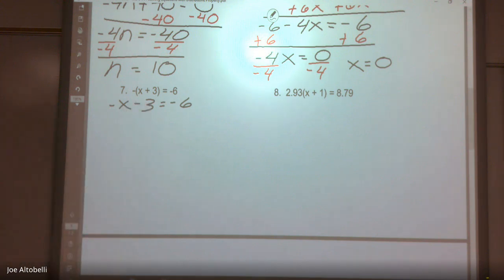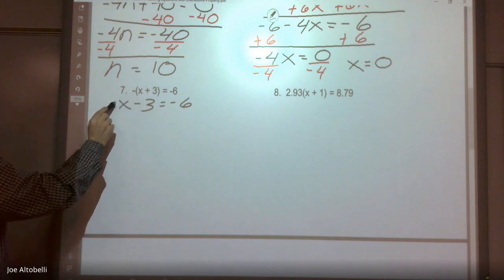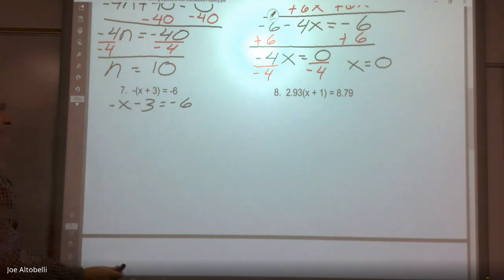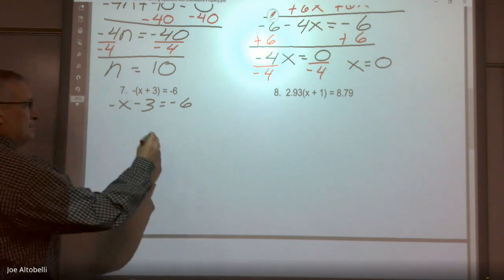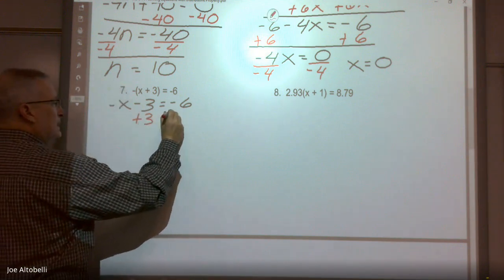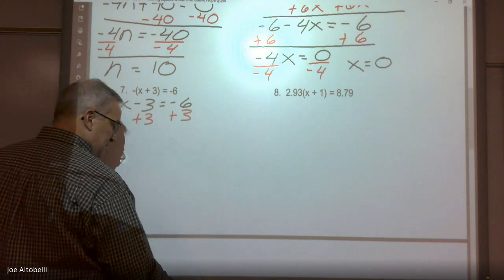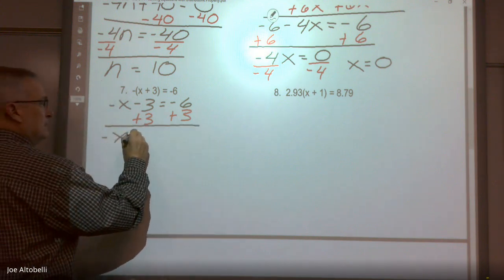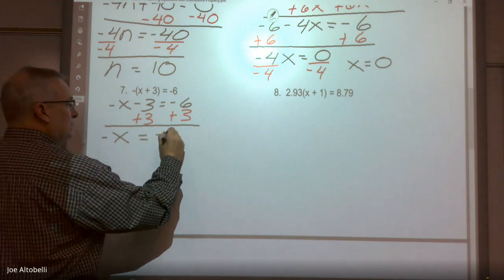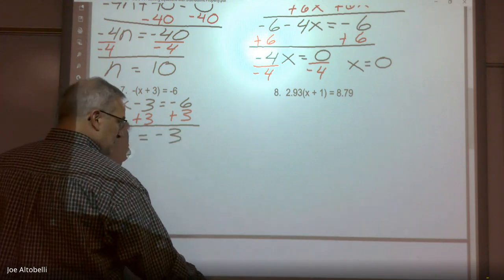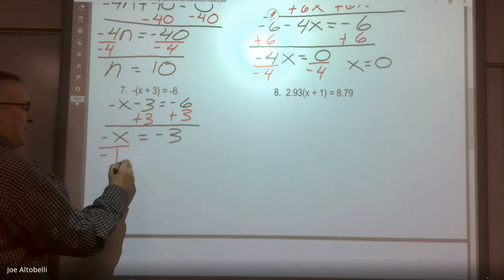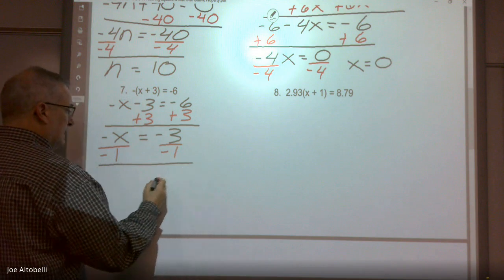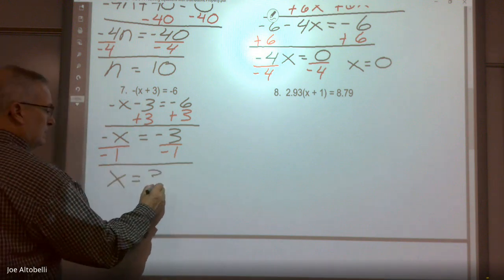Okay, same thing, but notice the negative went to both terms. Now I solve, it's a two-step. So I add 3. So I get negative x is equal to a negative 3. And then divide by the negative 1. And I get x equals 3.